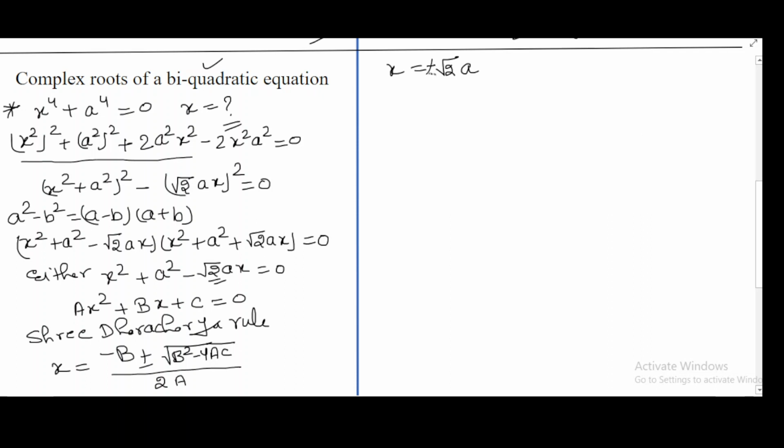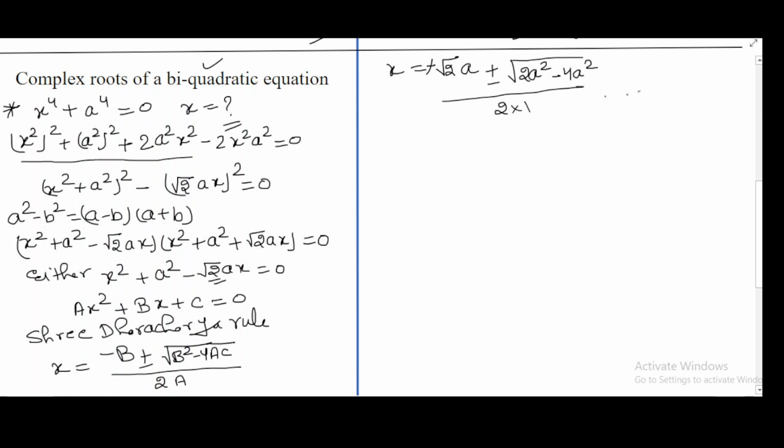So minus minus plus, plus minus under root b square, that means 2a square, minus 4ac. The value of a is 1 here, and the value of c is a square. Minus 4a square divided by 2a, that means 2 multiplied by 1.